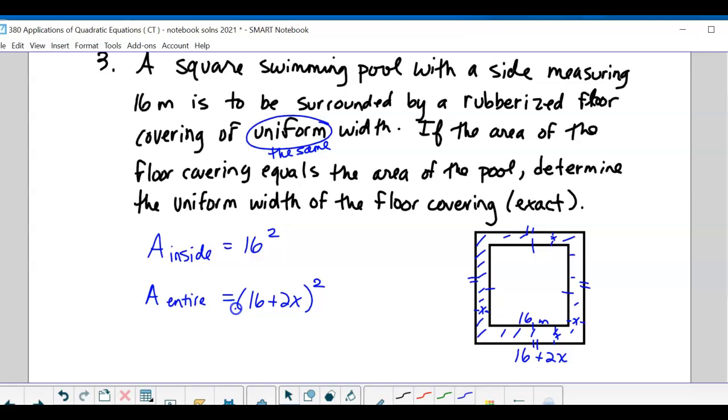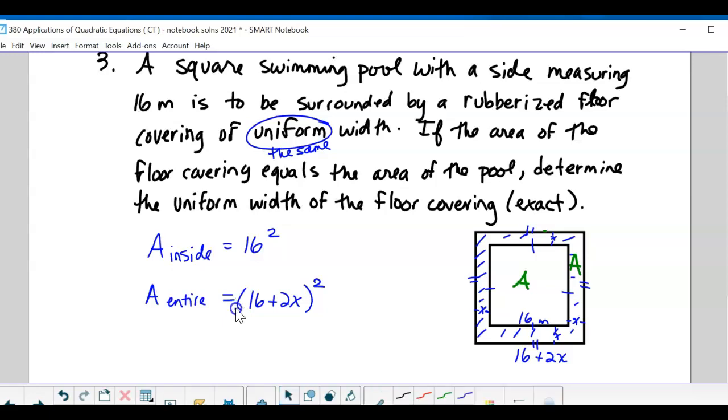Really, if this shaded area equals the area inside, then the whole thing is twice the area of the inside. If the area of the shaded is A, then the entire outside is equal to 2A.